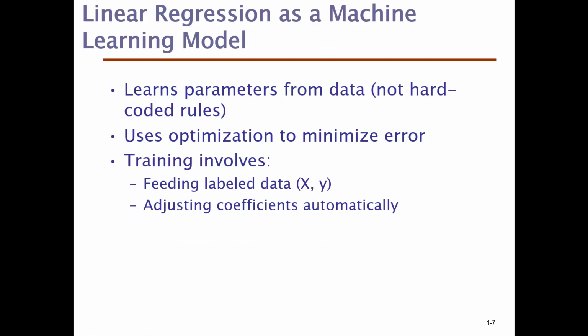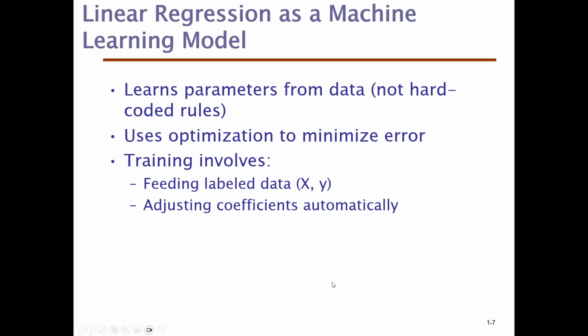Okay. So linear regression as machine learning, we say it learns the parameters from data. So this is not a hard-coded rule. It's very straightforward. What are the parameters? Of course, that's actually the slope, which is very important, or the coefficient. Let me use the term coefficient.